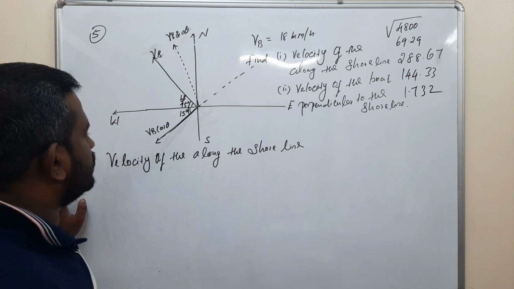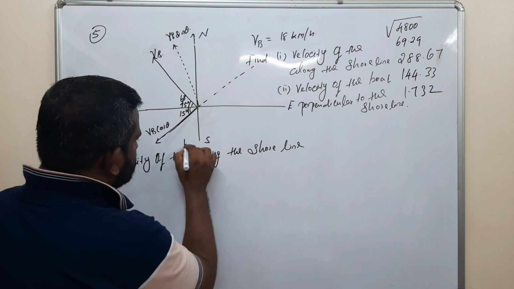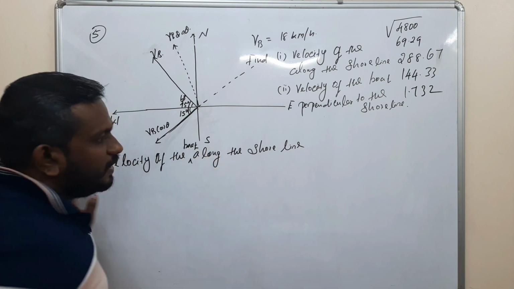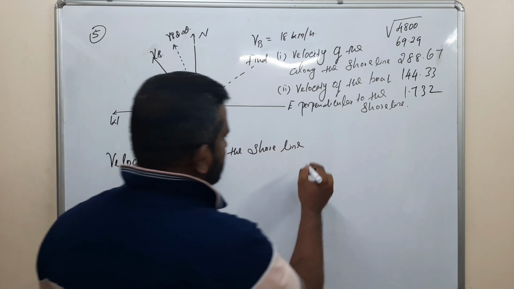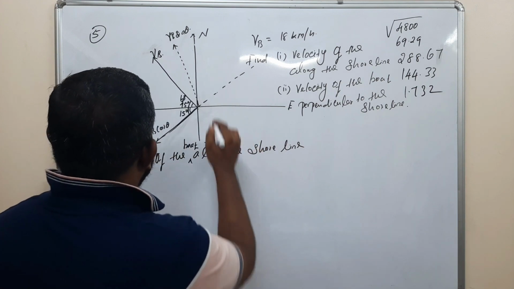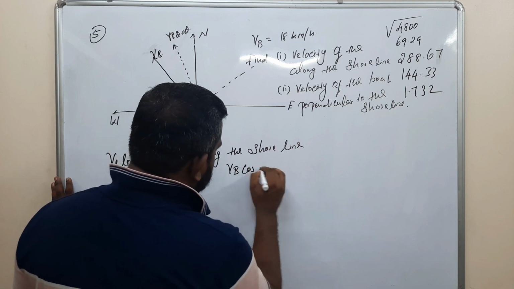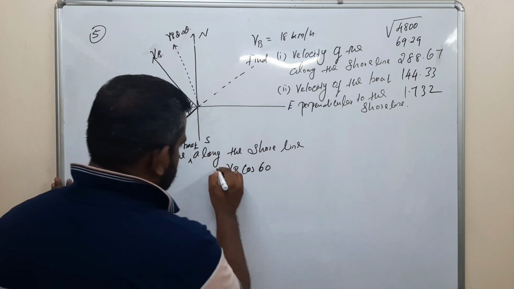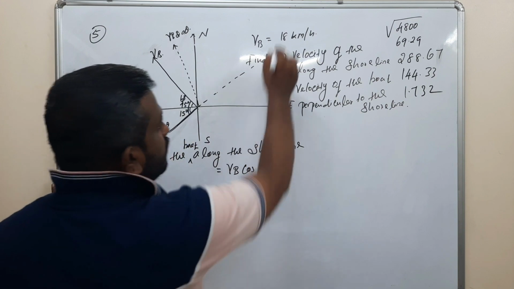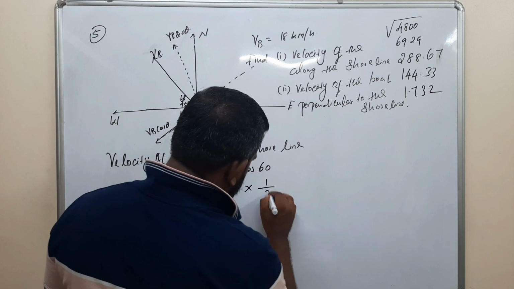So the velocity of the boat along the shoreline is VB cos 60. The value of VB is 18, so 18 into cos 60, that is 1 by 2.